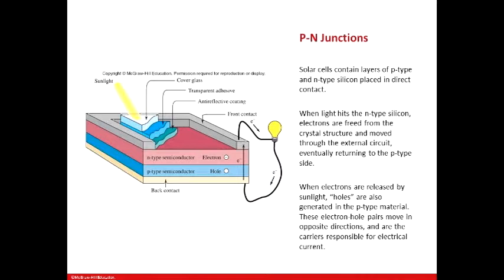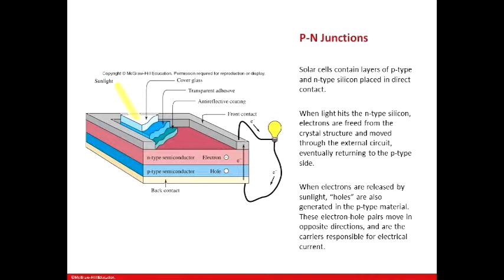Because of this construction, holes and electrons can flow, and you can use your cell phone light at the concerts. That's why you get to do it. So solar cells contain layers of P and N-type silicon placed in direct contact, and we get this electricity.